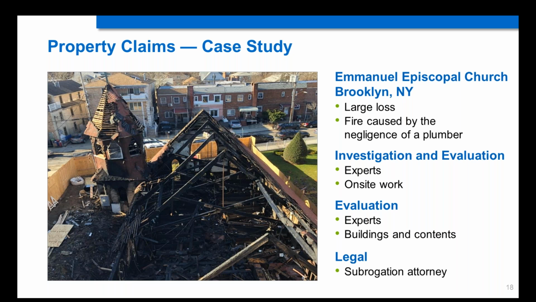So we were able to view these photos and actually gather up what the contents claim was, because you can see from the photo the severity of the damage. And the investigators that we brought in helped us prove that there was someone else that was responsible for this loss.